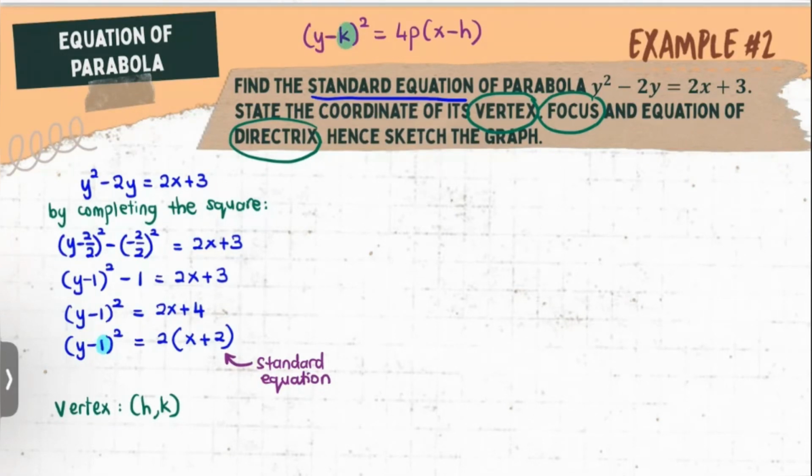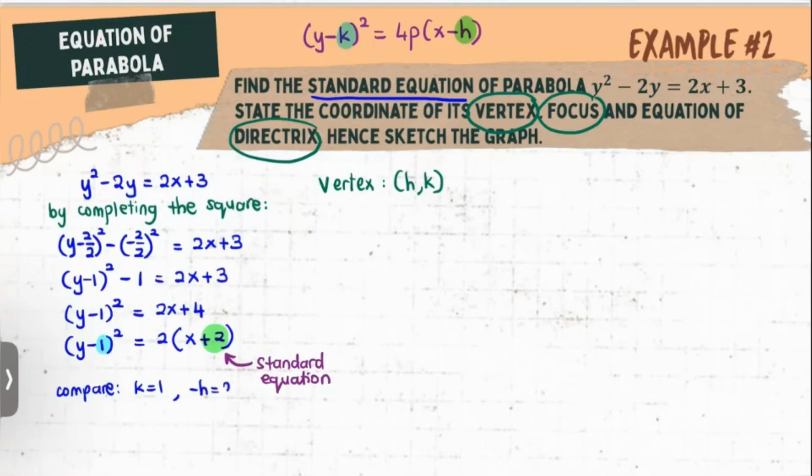So, k saya adalah 1 dan h saya, kat sini negatif h tapi dekat sini positif. So, maksudnya negatif times by negatif lah akan dapat positif. So bila saya compare dengan formula, saya dapat k equals to 1 dan h equals to, kalau saya buat negative h equals to 2, so h will be equals to negative 2.